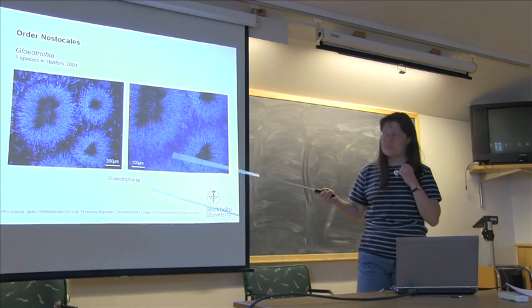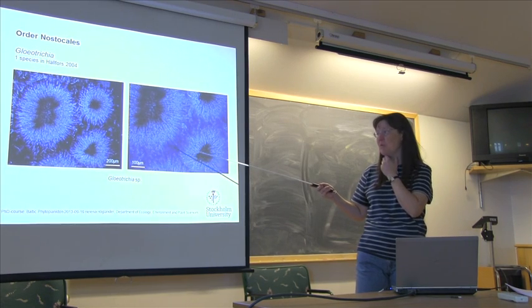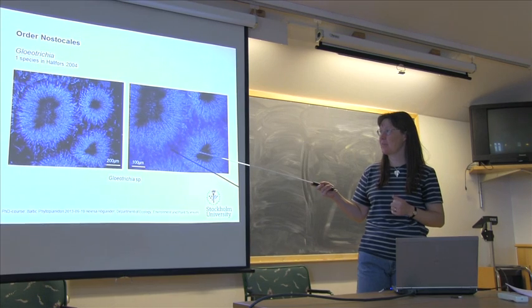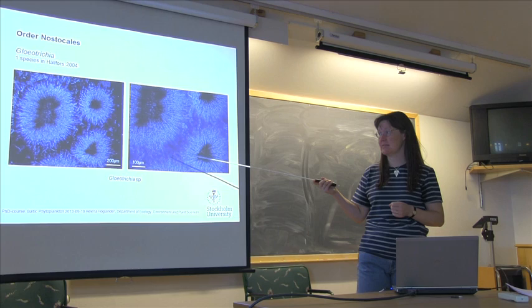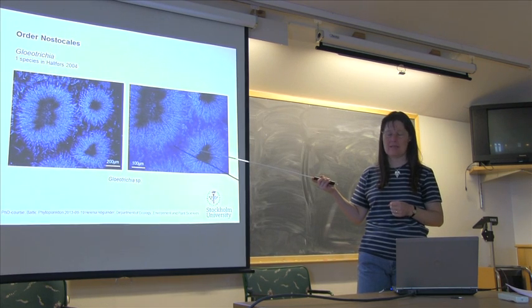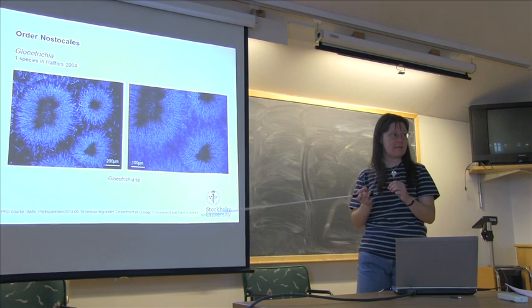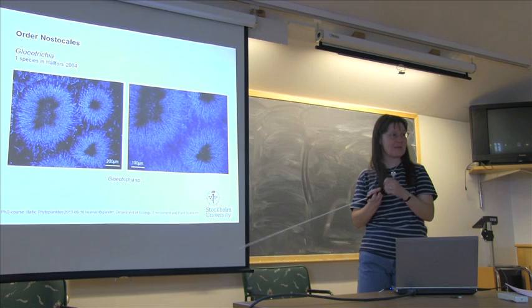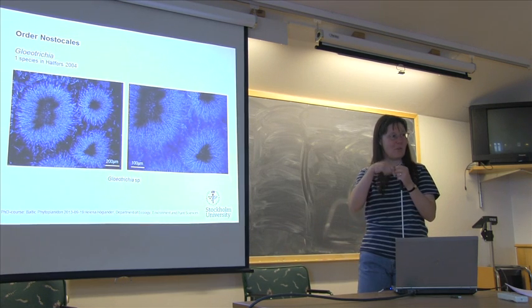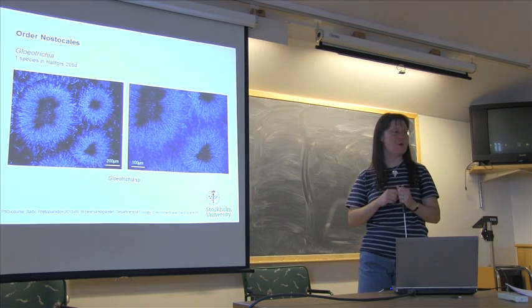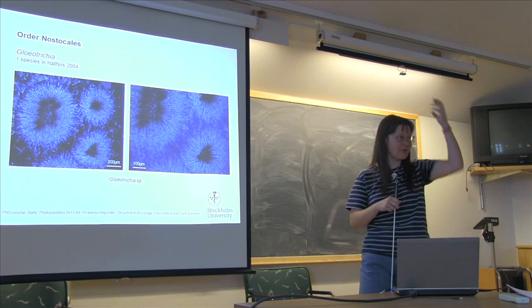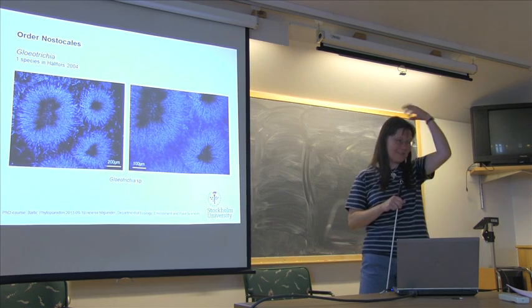And then we have Gloeotrichia. It's mostly occurring in lake areas, and this is common in Lake Mälaren, and this is probably what I saw also from the train. It's like a ball of threads, like, when I was small in Sweden, you made a ball of yarn, like the one you have on your hat or whatever it is.